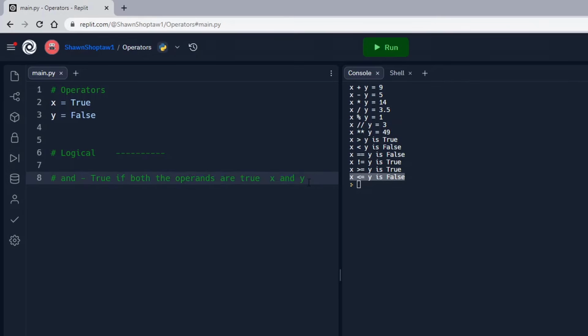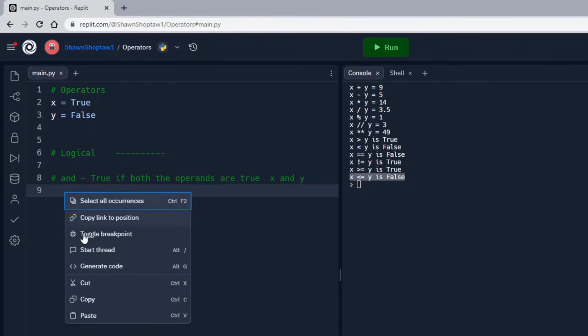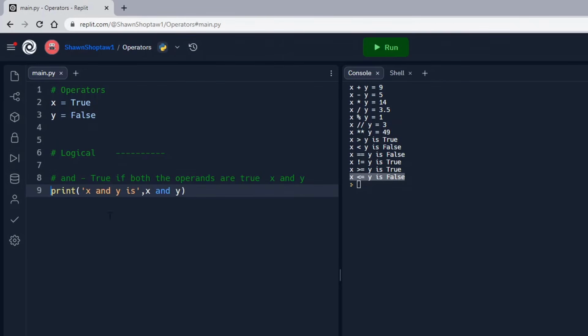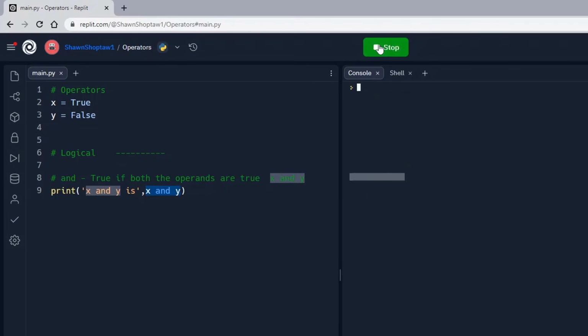And when we print this out, we're looking at x and y, and this is going to give us false because x and y are not the same thing. If x and y were the same thing, it would put out true.